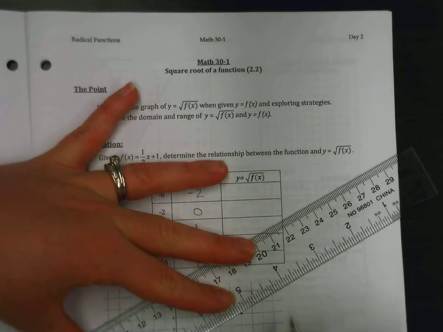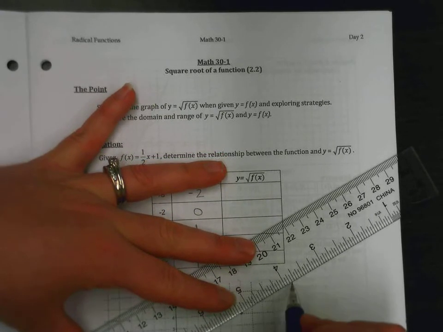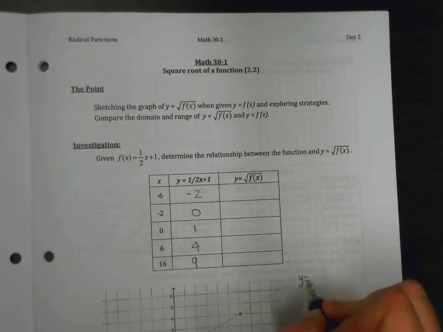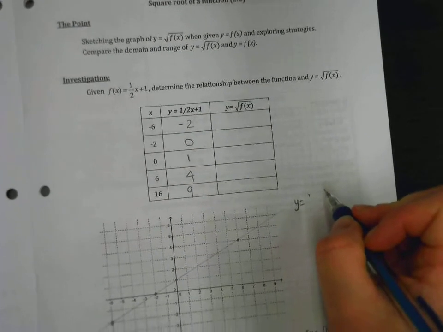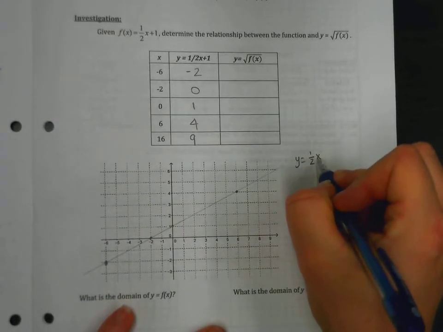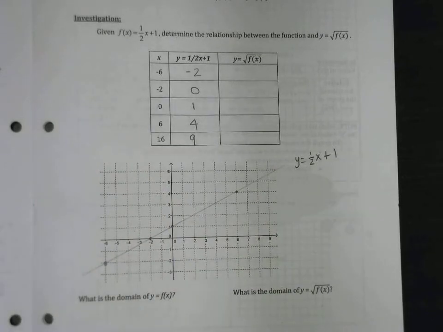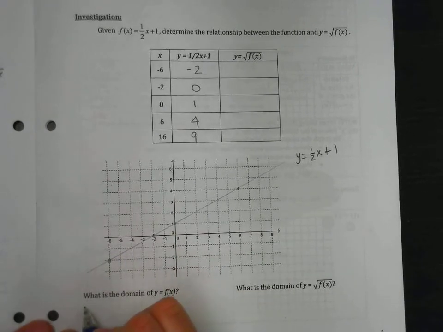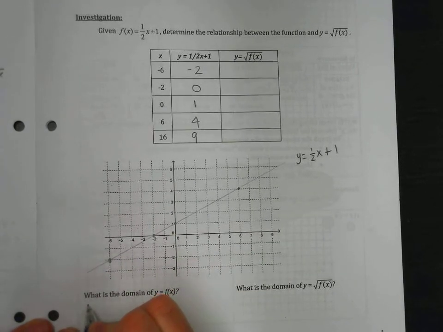This is my function of y equals 1/2 x plus 1. Okay, let's talk about the domain and range of this function. So pretty straightforward. Our domain is just going to be all real numbers.